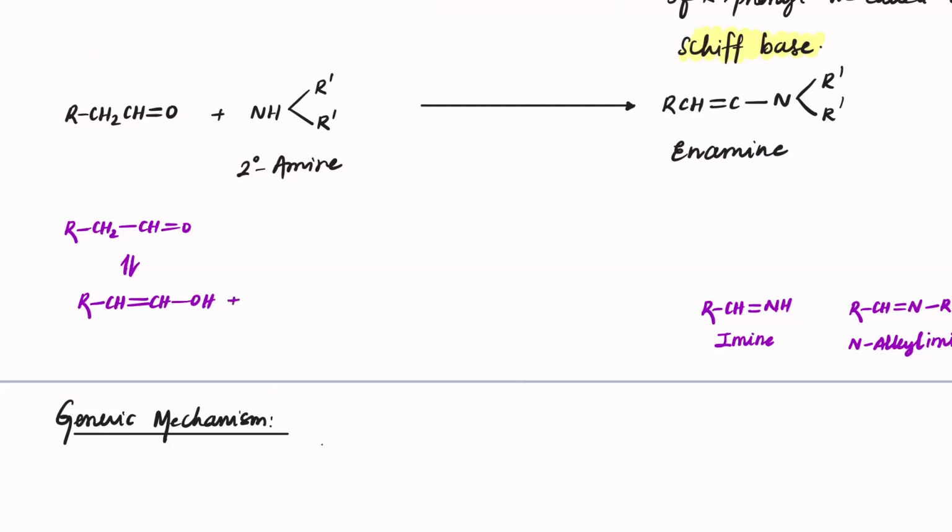And this tautomerized form, when you react with HNR dash twice, then this OH and H can be released out. That converts into RCH double bond CH with NR2 dash. Okay. So this is ene and amine. So that is why enamine.